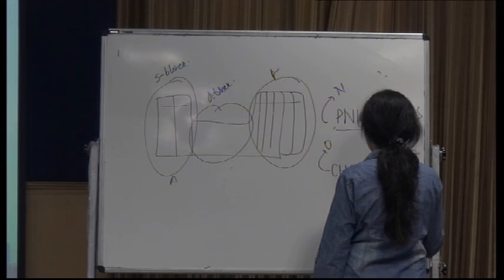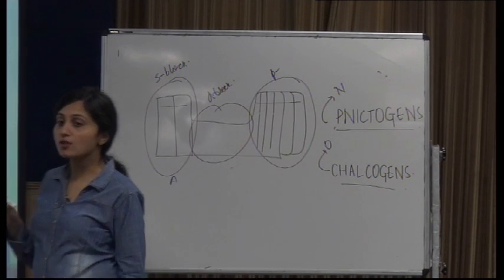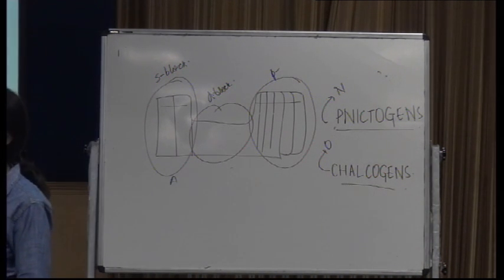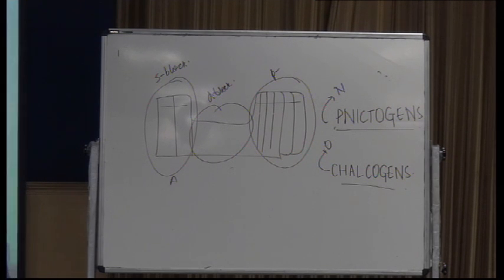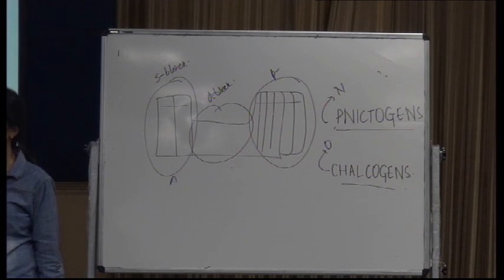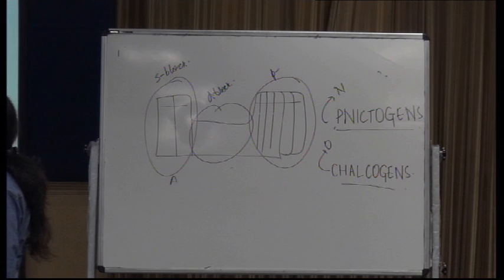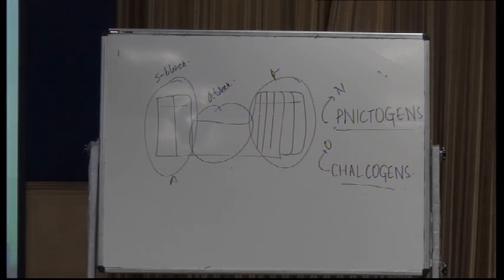Chalcogens are the ore forming elements. Ore, you all know ores. Then you have the fluorine family, all of which are known as halogens.